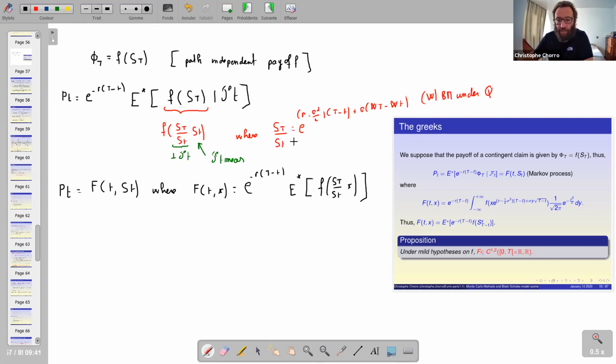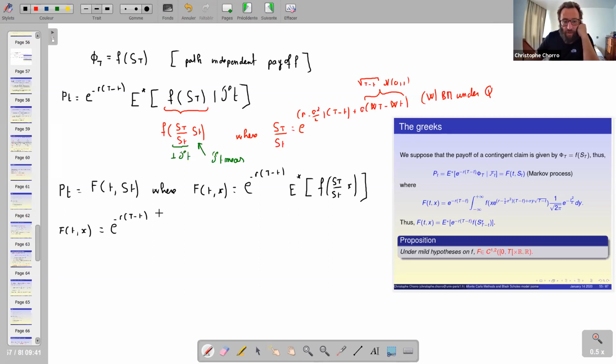I have this, that I can express this expectation using an integral. So f_t of x may be written this way: exponential of minus r (T minus t) times an expectation, and here I see that I can write this as square root of (T minus t) times an N(0,1), meaning that I can express this expectation using the density of my N(0,1).